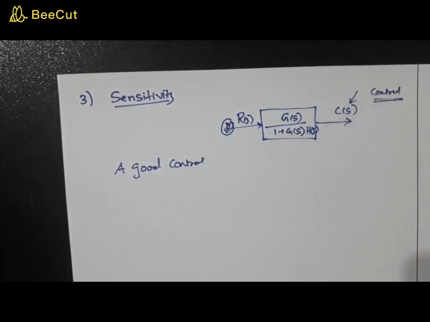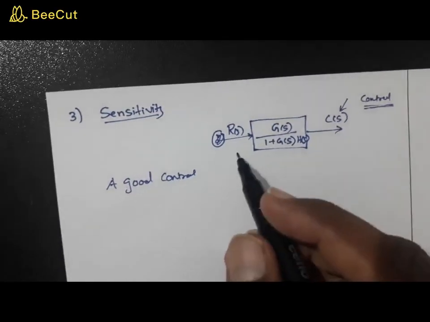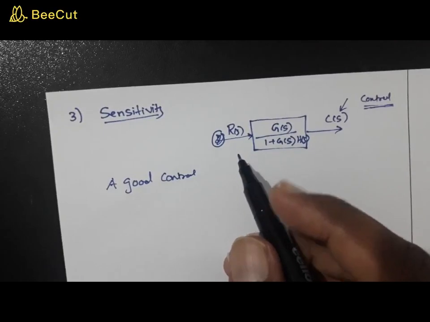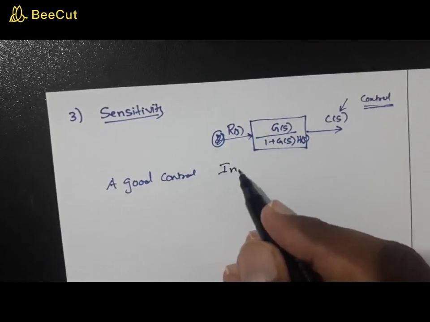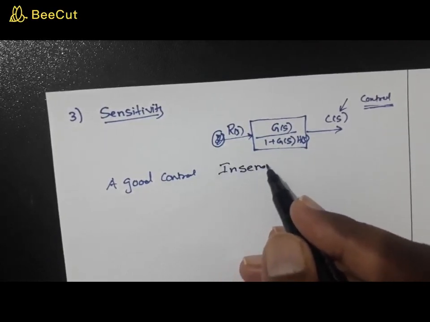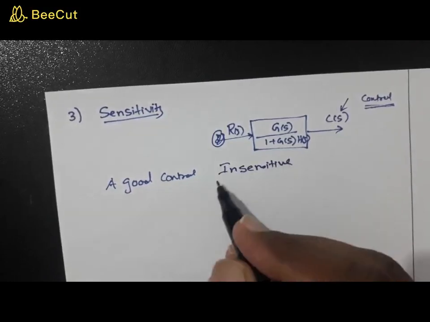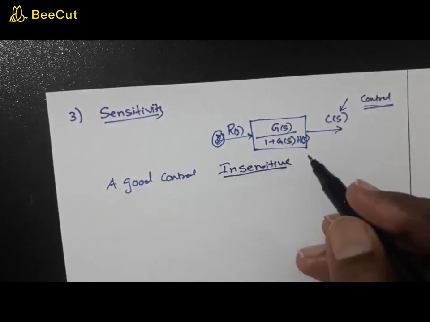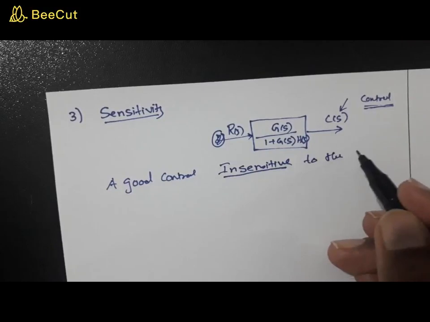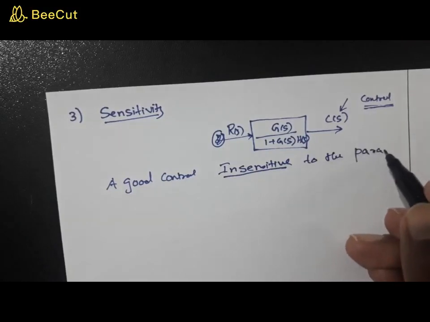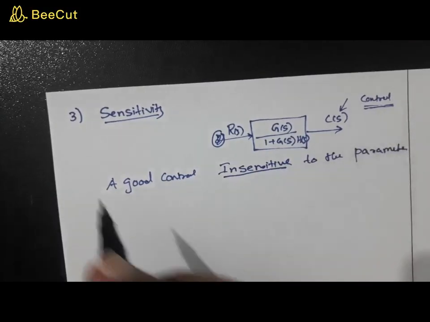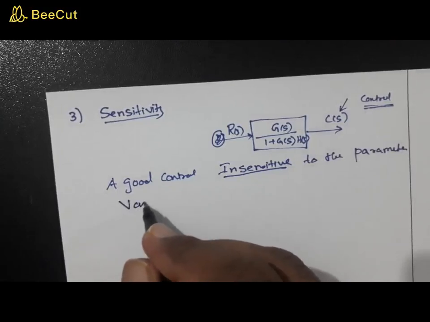So a good control system should be insensitive. Remember this word: insensitive to parameter variations.